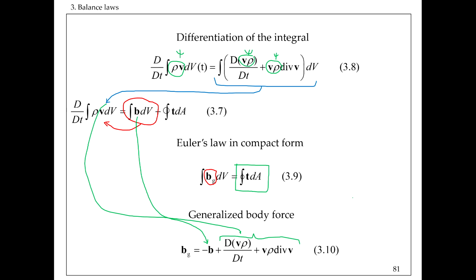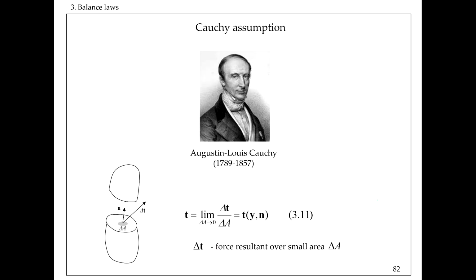And as we'll be doing so, we'll introduce quite important and fundamental things that will be useful for us. Our detour starts from the so-called Cauchy assumption. Now, let's introduce it in the following way.